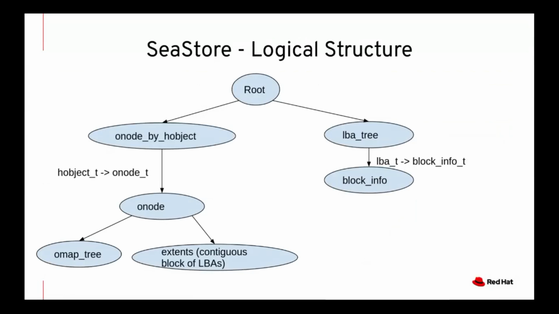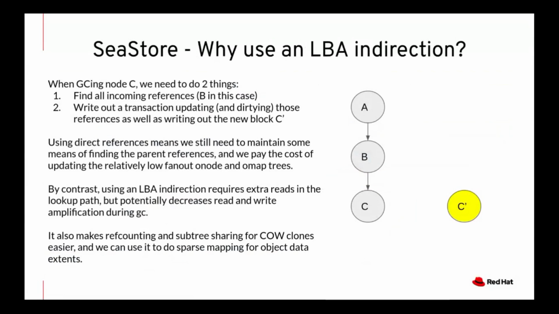So why do we use an LBA indirection? There are a few reasons. One is basically write amplification. Let's say we have A referencing B referencing C, and we need to garbage collect node C, or just move it to a new ZNS zone so that we can reuse the zone.